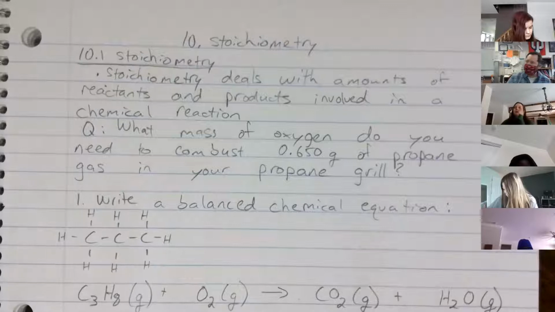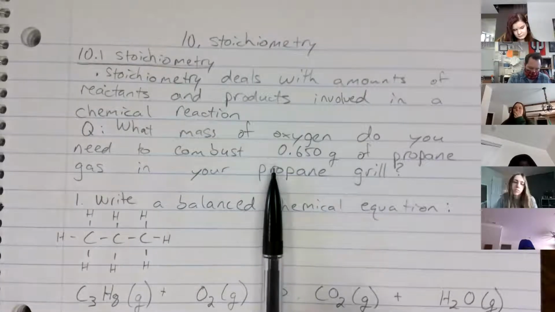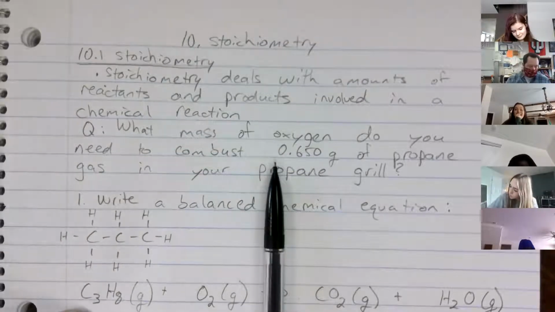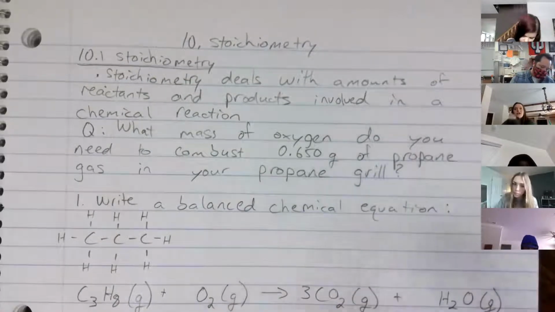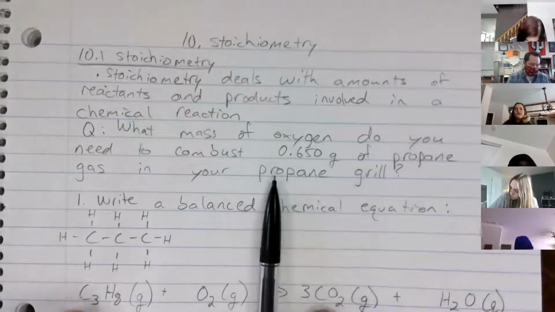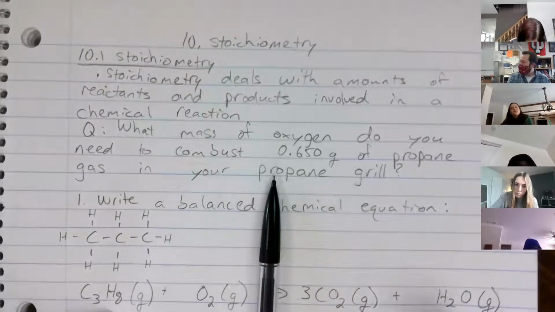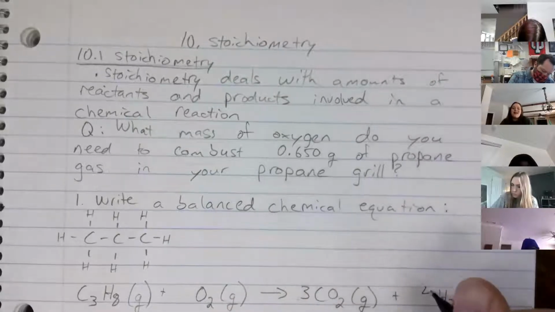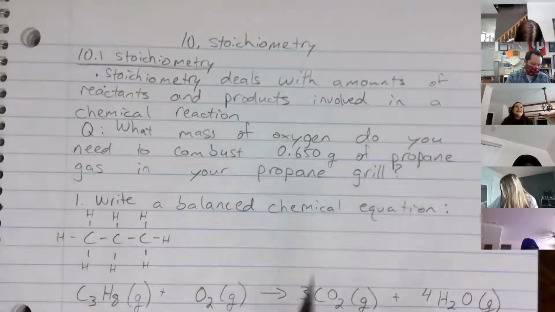So there's our chemical reaction. Now we need to balance it. That takes a little bit more thought process. 3 carbons, just 1 carbon. I can fix that pretty easily. 3 carbons, 3 carbons. 8 hydrogens, just 2 hydrogens. Again, I can fix that pretty easily. 4 times 2 is 8. Now I've got 8 hydrogens and 8 hydrogens.